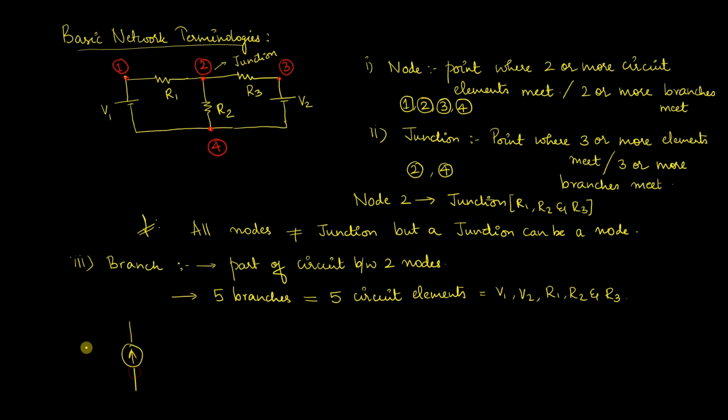So I'll give you another circuit for you to identify whether there is a branch or not a branch. Let me draw a circuit with a current source and a few resistances connected in parallel.